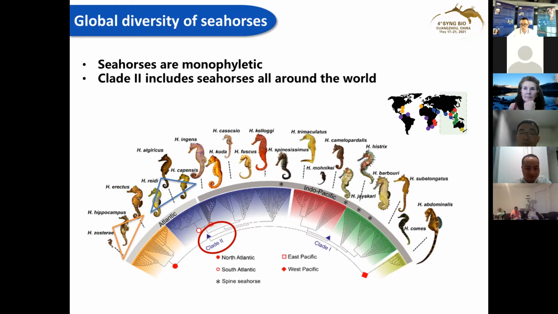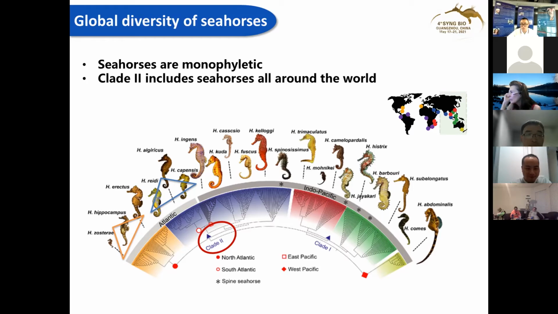Clade 1, the red and the green one, only inhabits the Indo-Pacific regions, while clade 2, including the brown and the blue lineages, covers almost all around the world, not only the Indo-Pacific region, but also the Atlantic oceans.